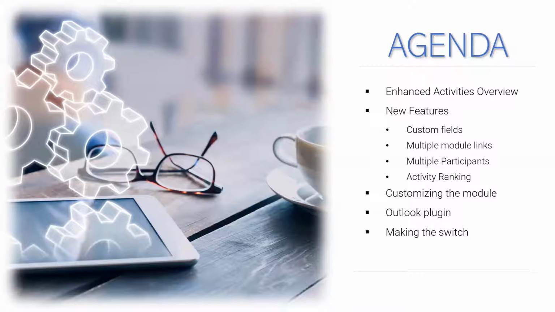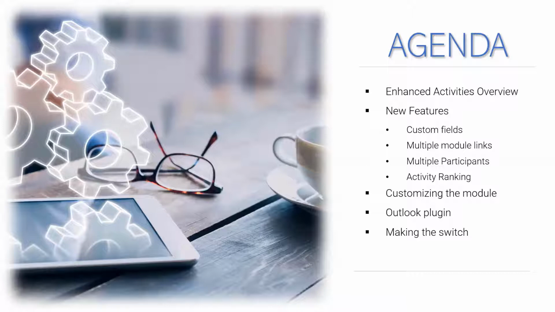This has been a challenge in the past because in opportunities, it didn't really link it to the opportunity where you could go search for all the activities specific to a particular opportunity. Now you can. So that multiple module link really adds some capabilities to your activities for searching and reporting.